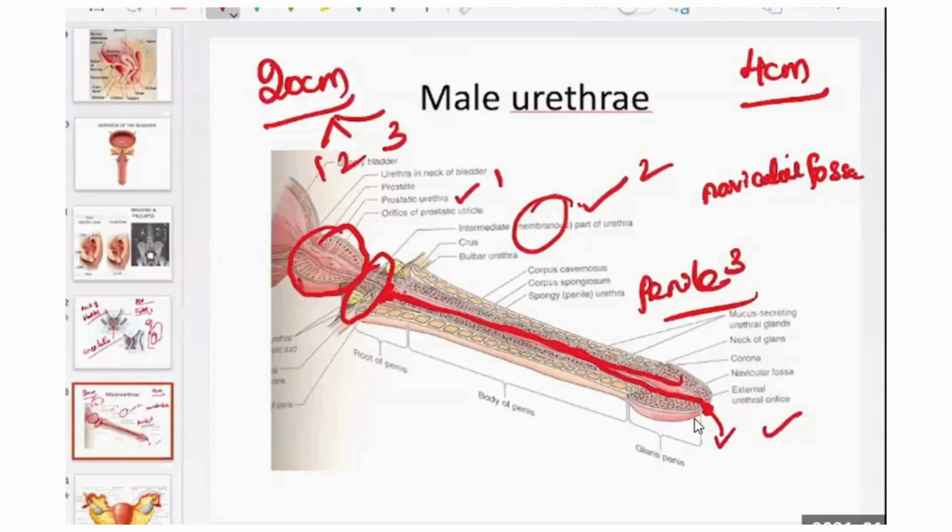So the prostatic urethra is the widest part. Which part of the urethra is widest? Prostatic urethra. Which part of the urethra is least dilatable? Membranous part. Two things to remember: the widest urethra is the prostatic part, the least dilatable part is the membranous urethra. What is this muscular mass we call?